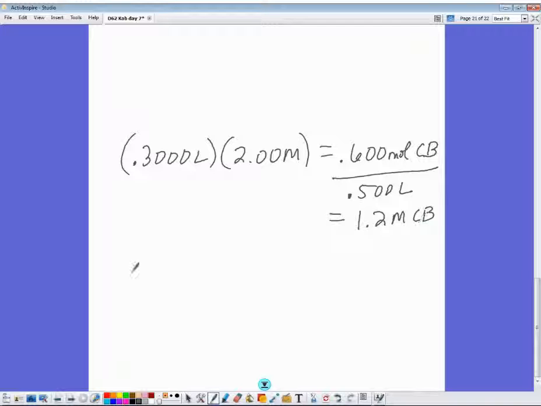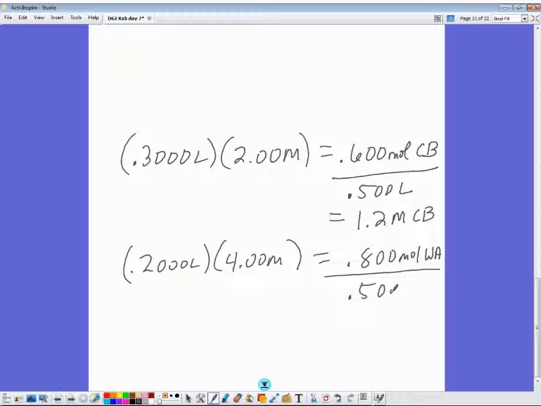And then the other one was 0.2 liters of a 4 molar, and you got 0.8 moles of weak acid, and when you put that over the total volume of 0.5 liters, you end up getting 1.6 molar for your weak acid.